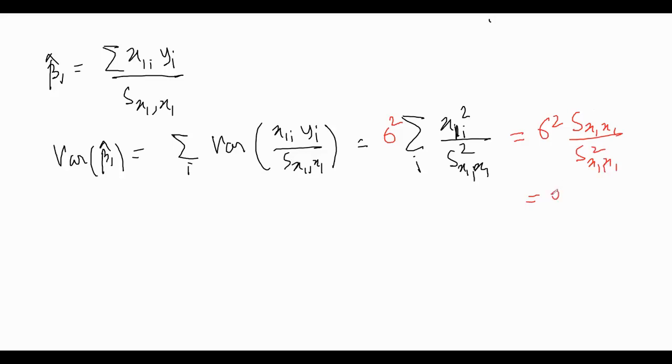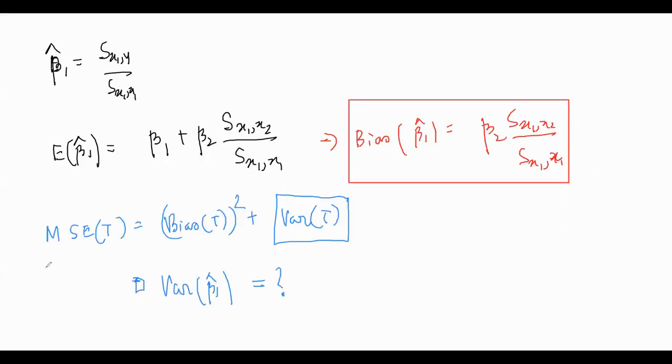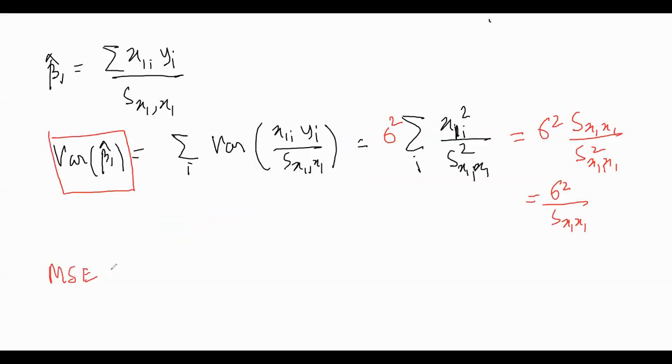So you get sigma square by S of x1 x1, right? That's the basic idea. So you've got the variance of it, and therefore what will be the MSE? The MSE of beta 1 hat will be equal to the bias of beta 1 hat whole square plus the variance of beta 1 hat.